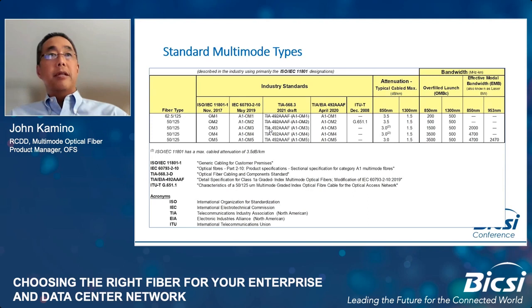And you can see the 2000 megahertz kilometer requirement for OM3 fiber, 4700 megahertz kilometer bandwidth requirement at 850 for OM4 and OM5 fiber. And then for OM5 fiber, there's an additional 2470 megahertz kilometer requirement at 953 nanometers.